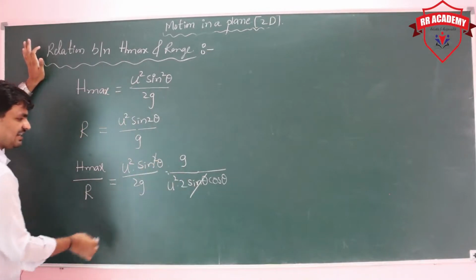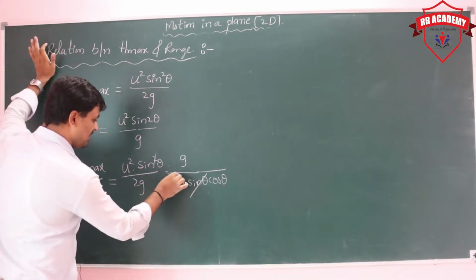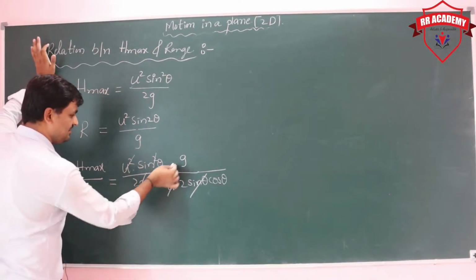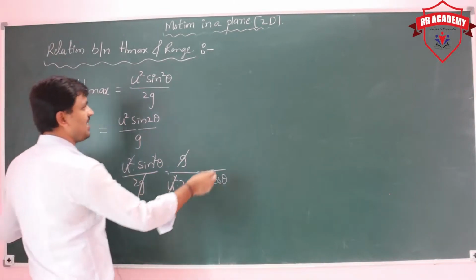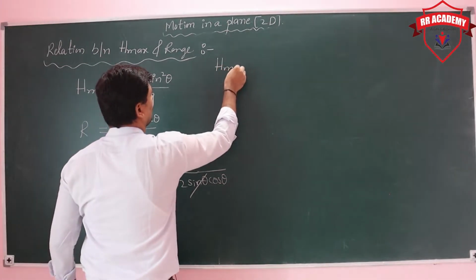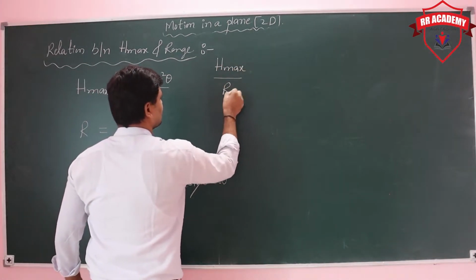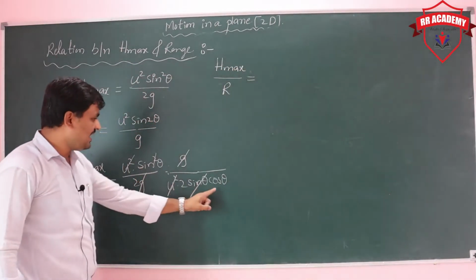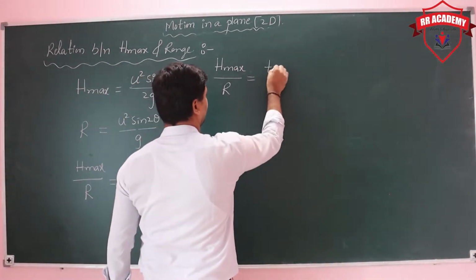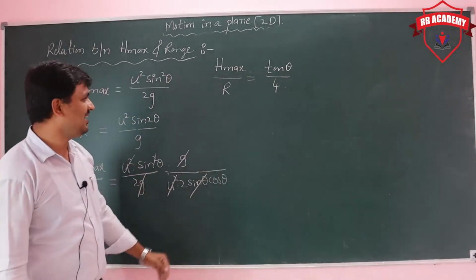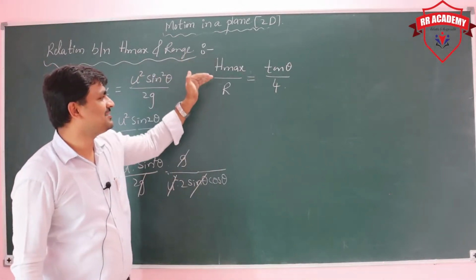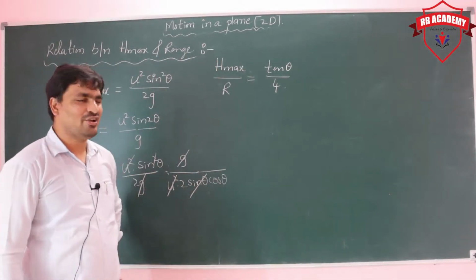Sin theta cancels, u square cancels, g also cancels. Then what is remaining? H max upon R is equal to sin by cos, tan theta by 4.